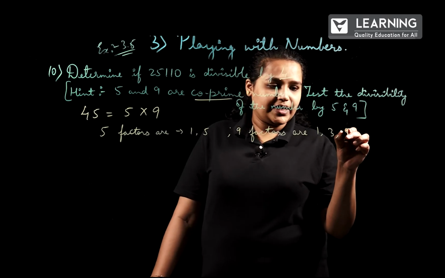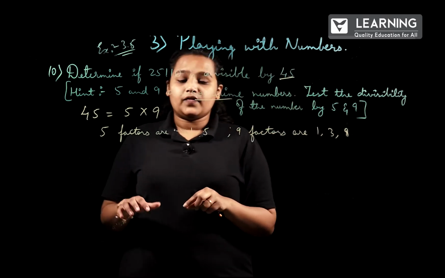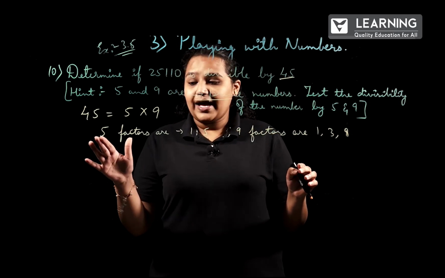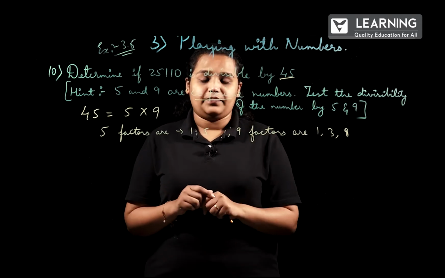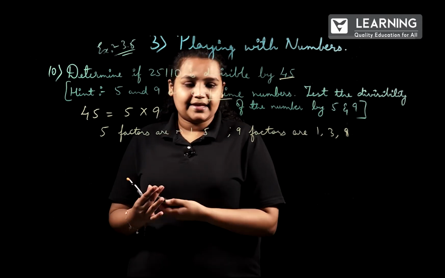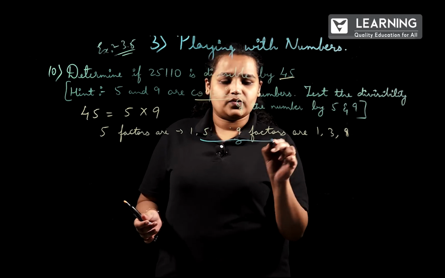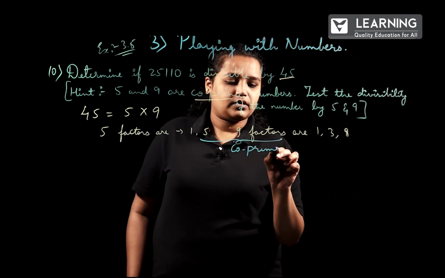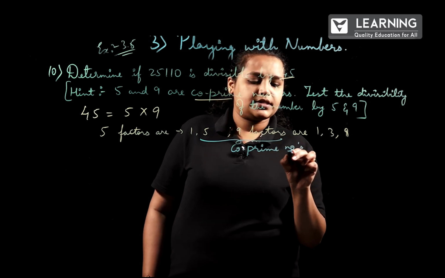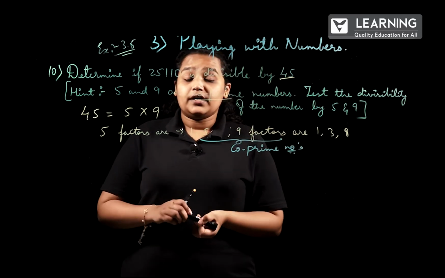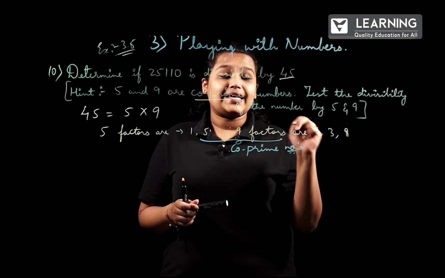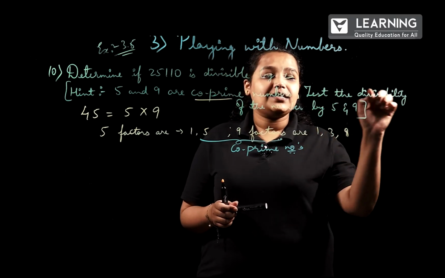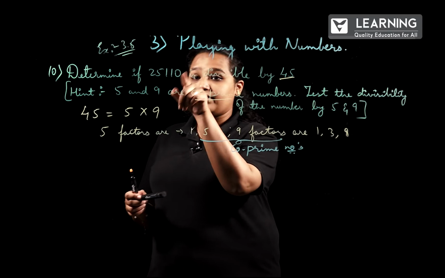So, here you can see that the common factor of 5 and 9 is just 1. By this, we can say that these two are co-prime numbers.